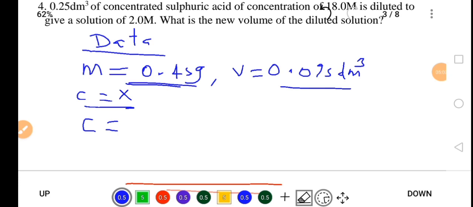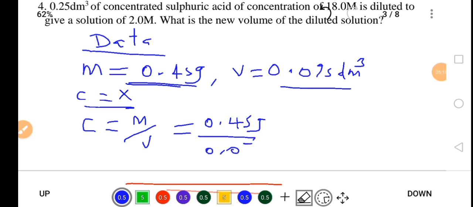So mass over volume, where we are going to say 0.45 grams over 0.075 decimeter cubic, where the answer is going to be 6.0 grams per decimeter cubic.